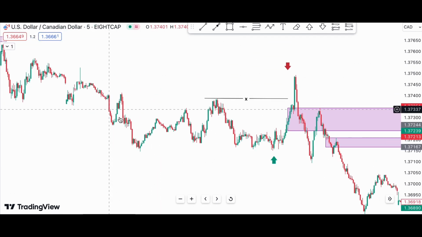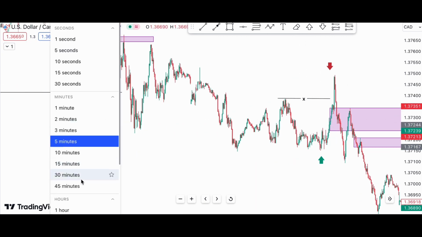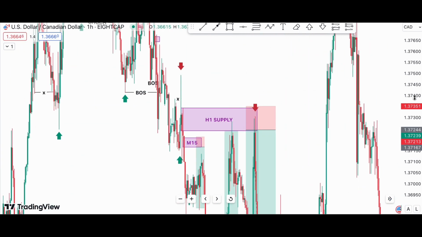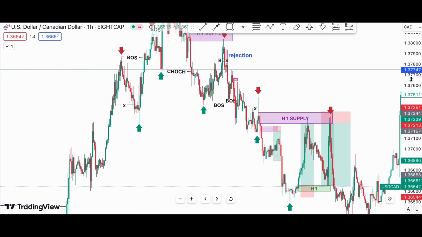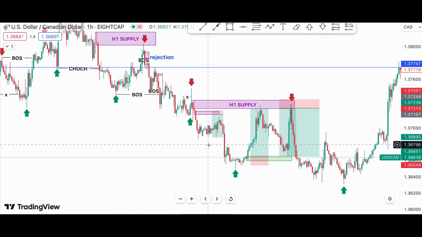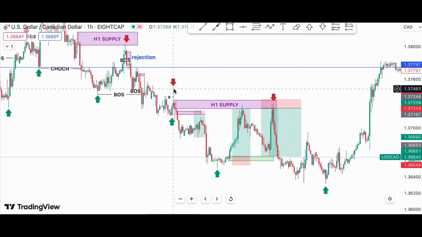Can you see the momentum, lower, lower, lower. Since this is a lower time frame, we go back into the H1. We have to see the higher time frame, the overall big picture, how the price is going. So these are all the key levels.